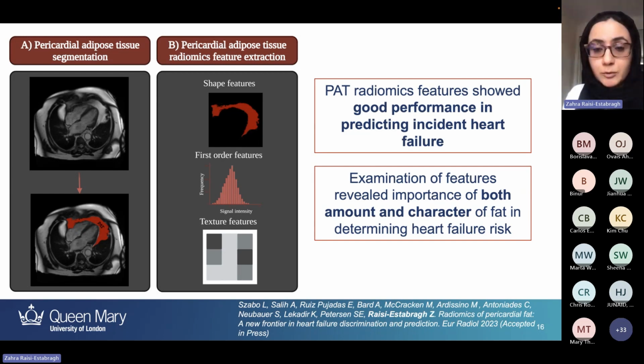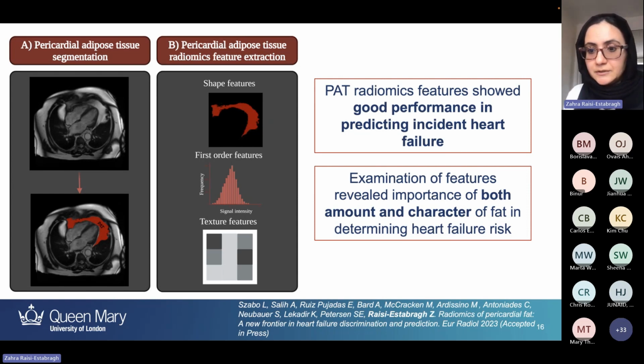And this corresponds really nicely to our biological understanding of the relationship between pericardial adiposity and cardiovascular risk. And so our results here so far are very suggestive that there is a distinct mechanistic role for pericardial fat in driving cardiovascular risk.